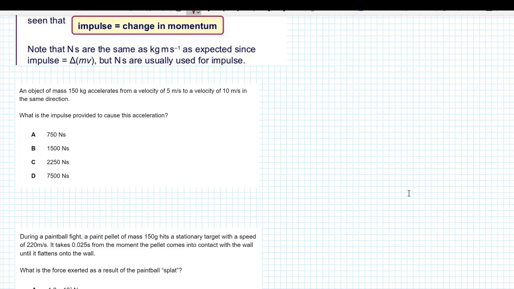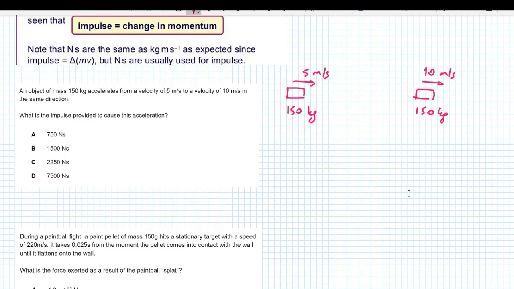At the beginning the object is moving in this direction with 5 meter per second, and it accelerates in the same direction until its velocity becomes 10 meter per second. The question asks: what is the impulse provided to cause this acceleration?